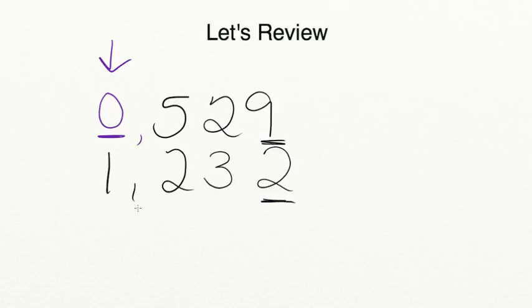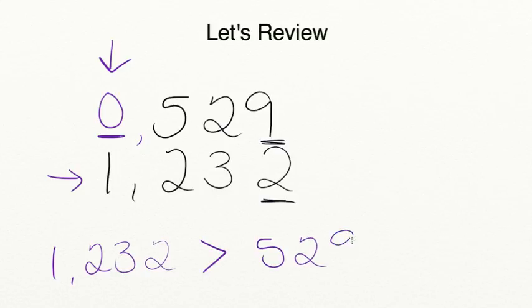And now we can compare and see that 1 is greater than 0, which means that 1,232 is the larger number. And finally, we're going to write this out and say that 1,232 is greater than 529. And we know that this is the greater than side because this is the larger side with a larger number. And the smaller side has the smaller number.